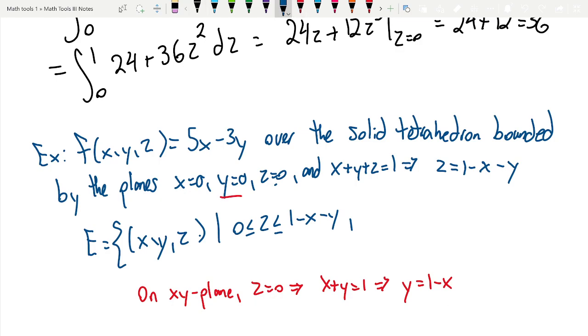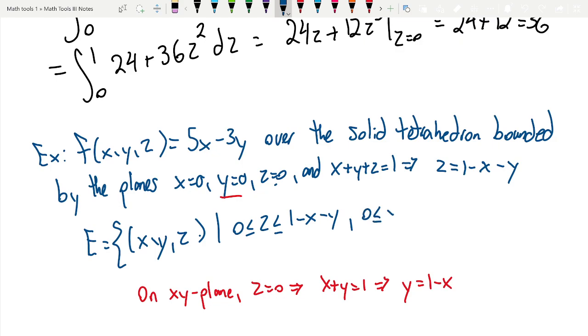Okay. So first one, you're defining where you are on the three-dimensional system. Then you want to define where you are on the two-dimensional system. And then finally, the last one is just an interval, the one-dimensional system. So there could be different answers depending on which variable you're choosing to do this with, but they'll all be equivalent.